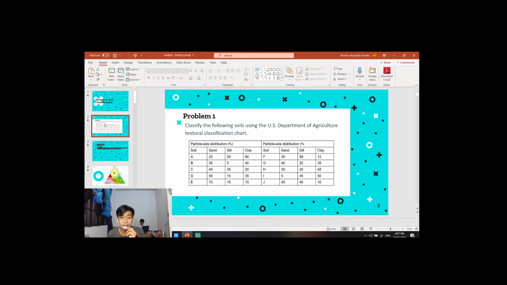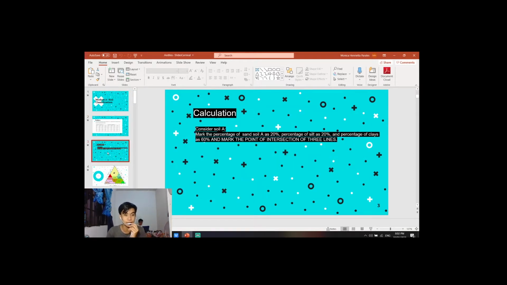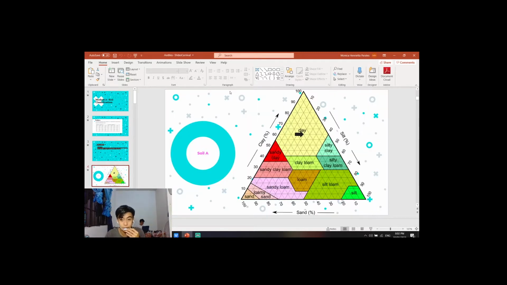So ngayon, titignan natin kung ano ang classification niya using the US Department of Agriculture Textural Classification Chart. So magsimula na tayo. Sa una, consider natin yung soil A kanina. Mark down natin yung percentage ng 20% ng sand, 20% ng silt, at saka 60% ng clay.